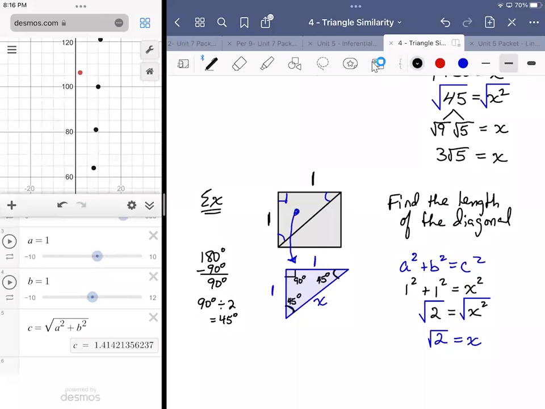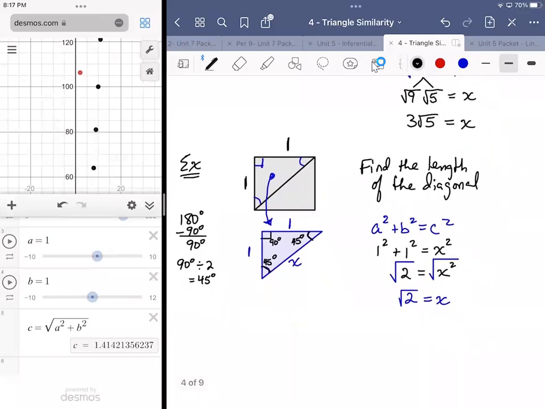So the relationship here, going along the lines of what we were talking about with the Pythagorean triples, is that if I'm dealing with a 45, 45, 90 right triangle, it's right because it's 90 degrees.